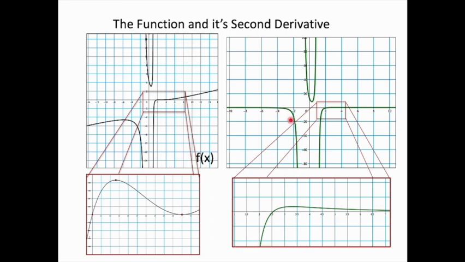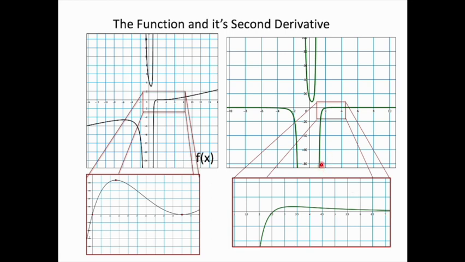For this piece right here, it's hard to see, and I should have blown this part up too, but this is all below the x-axis. It's getting really, really close. We have a horizontal asymptote there, but it doesn't actually cross the x-axis. So this is all negative from minus infinity to -1, which means that on the original function, it's going to be concave down.